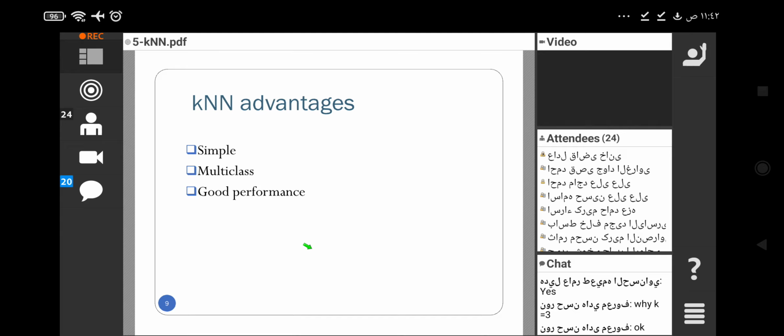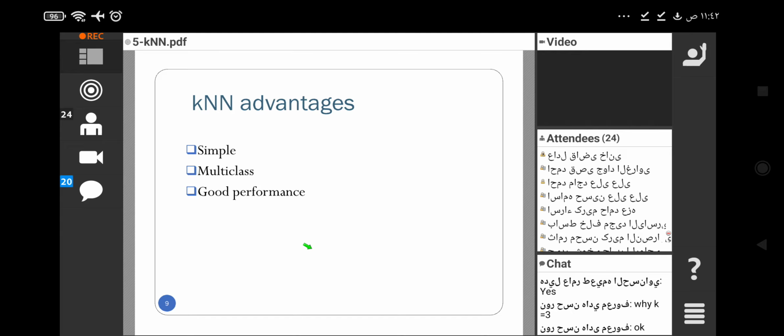So this is the KNN classifier. It is very simple. It is time consuming. It is multi-class. Multi-class means that it could classify data with multiple classes.